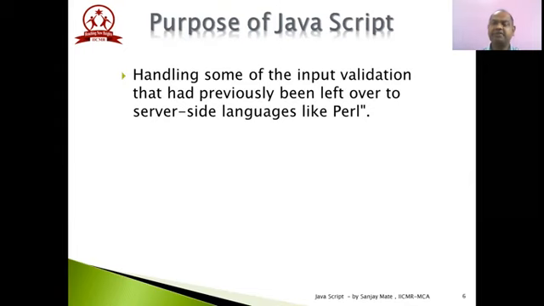Let's take one simple example. If I want to add two numbers, first of all, I take those two numbers from the user. Then I send those two numbers to the server. The server adds those two numbers, sends the result back to the client, and then it is displayed. It takes a large amount of time and bandwidth also.